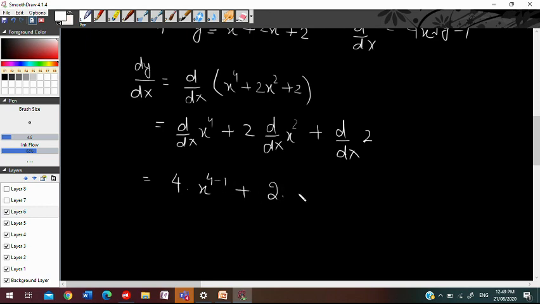When this power 2 comes here, we have 2 multiplied by 2, x to the power 2 minus 1, plus the derivation of a constant function, which is 0. So here we have 4x cube plus 4x plus 0.